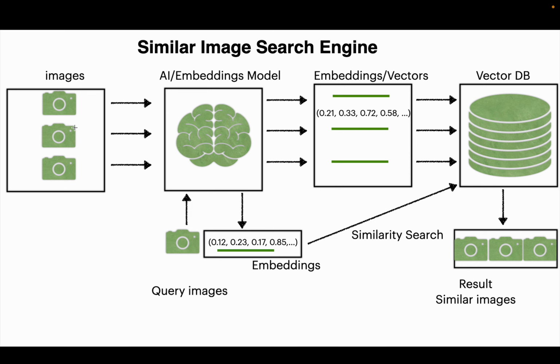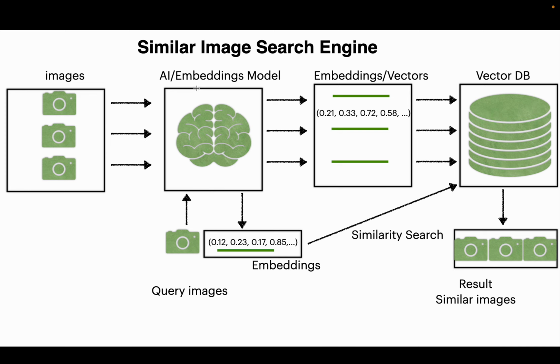Irrespective of the image width and height, each image gets converted into a vector of fixed dimension, and the dimension is determined by which embeddings model we use. So basically we are going to represent each image as a vector.